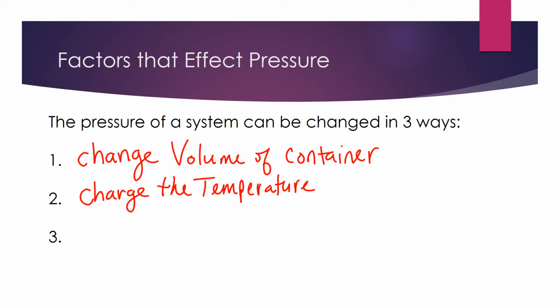Finally, if our container has rigid walls, in other words, walls that are not flexible, we could add more gas, and that would cause the pressure to increase. As we go, I want you to think about this in terms of collisions with the walls of the container. If we add more gas, there are going to be more gas particles in the container, so we're going to get more collisions with the walls of the container simply because there are more particles. That is how we're going to increase the pressure, by adding more gas.